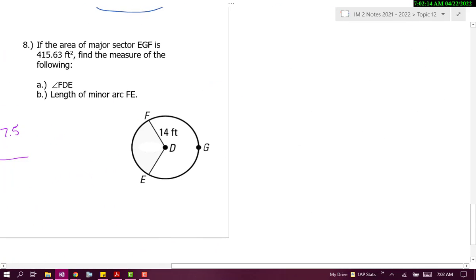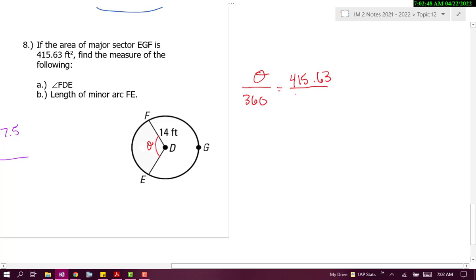All right, one last question, then we'll call it a day. The area of a major sector is given, so we want to use our area of a sector formula. So it's theta, which we don't know. Theta is going to be this angle. So it's theta over 360 equals the area of the sector, which we know this time is 415.63 feet squared, over the area of the circle.